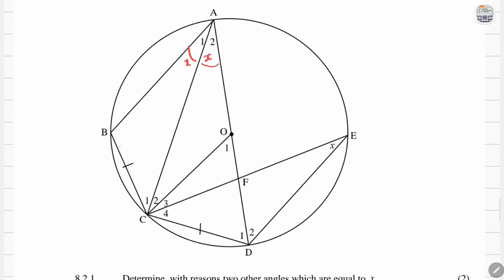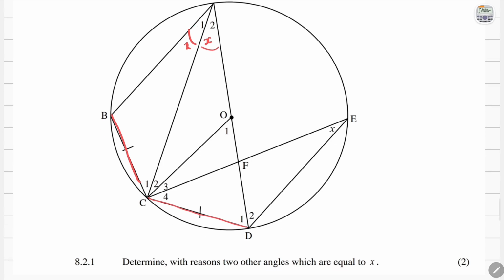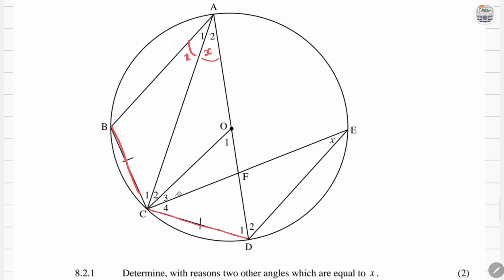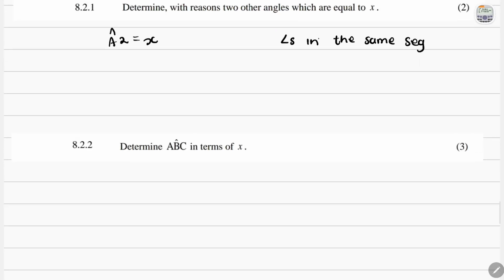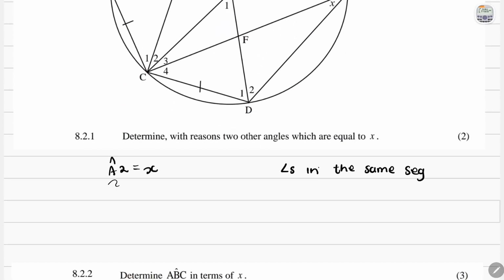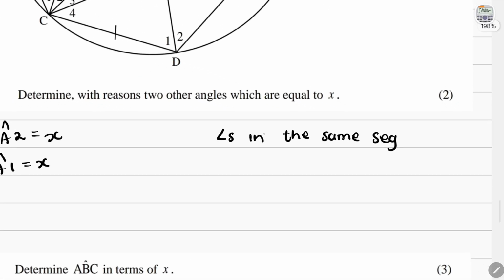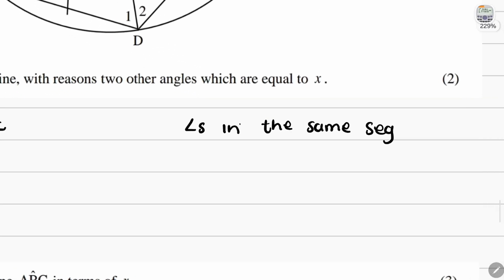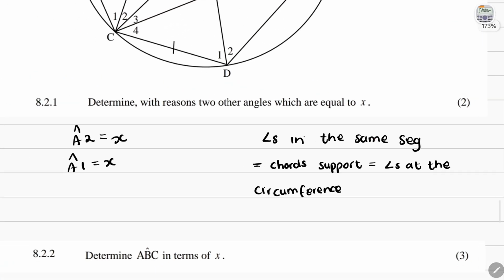And the reason for this one, it's not really angles in the same segment. Rather, it is a corollary of angles in the same segment. It's one of those theorems that come from it. So for this, we can say equal chords support equal angles at the circumference. Okay, so we'll tell them that angle A1 is also equal to x because equal chords support equal angles at the circumference. Okay, and that is our answer.